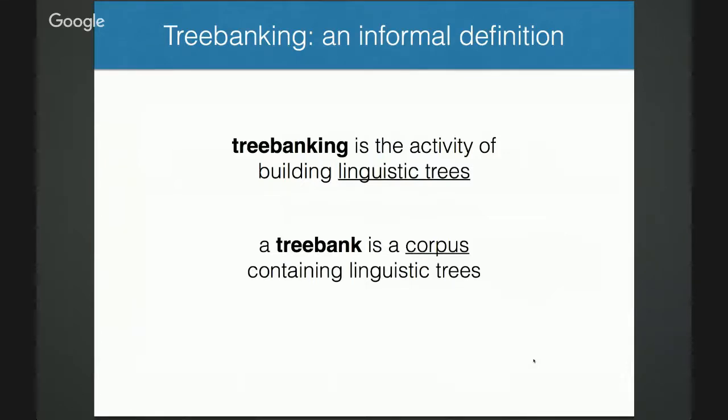But as you can understand, the more information we put in our corpus, the better it is, because we can perform more powerful queries if we also have some semantic annotation. A treebank is, of course, simply a corpus containing linguistic trees, syntactic trees, or even semantic trees.